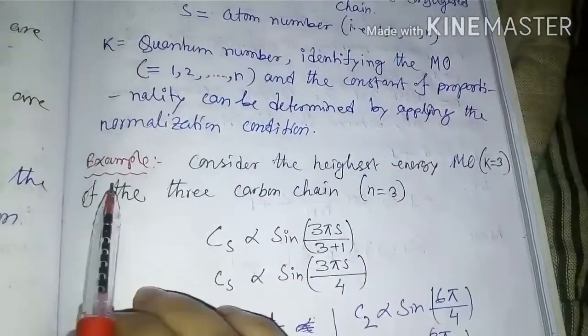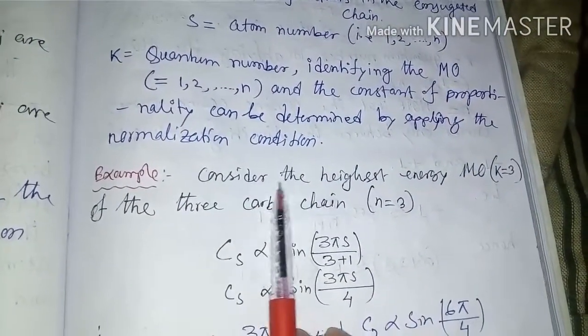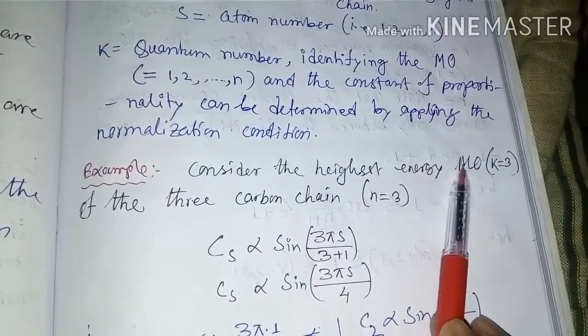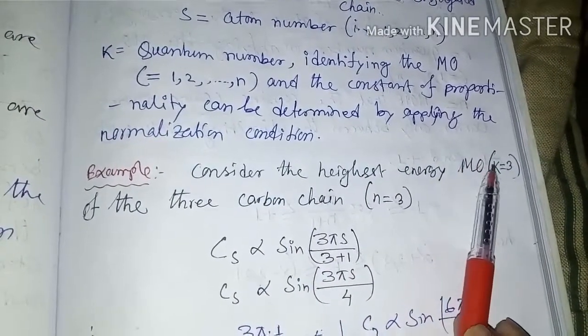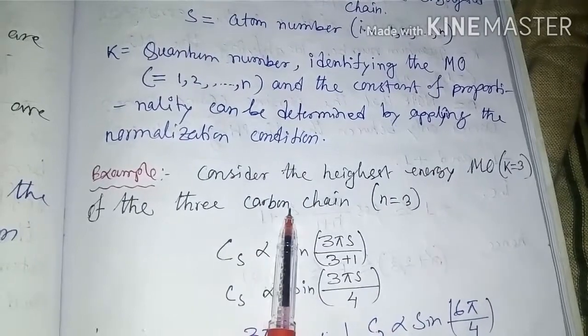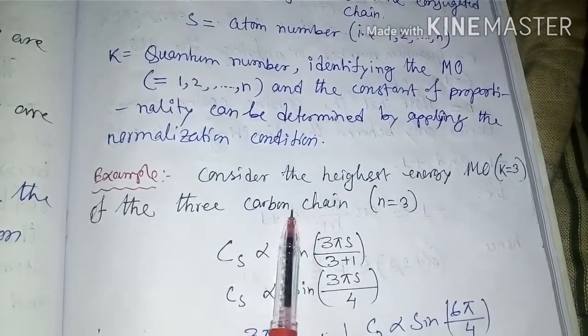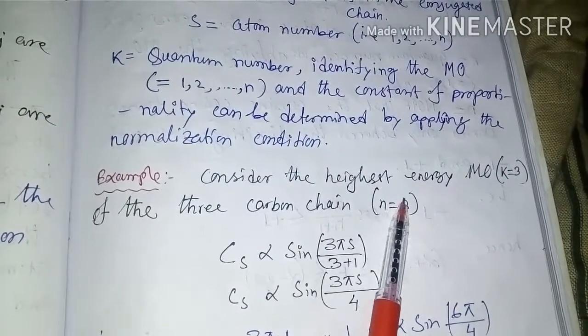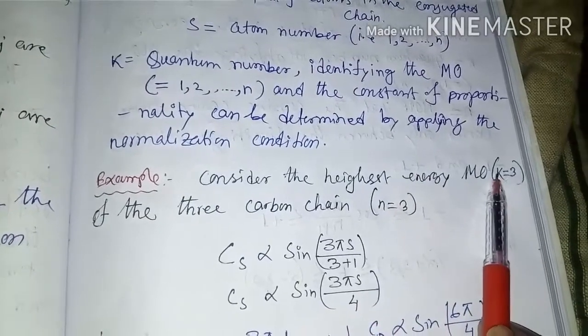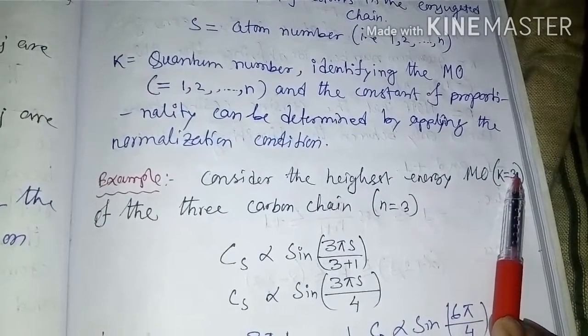Now one example. Consider the highest energy molecular orbital of the 3 carbon chain. For a 3 carbon chain, the n value is 3, and the k value is also 3.